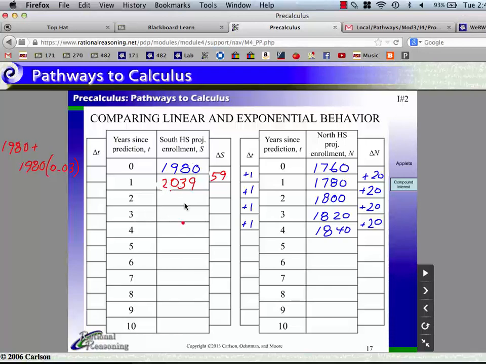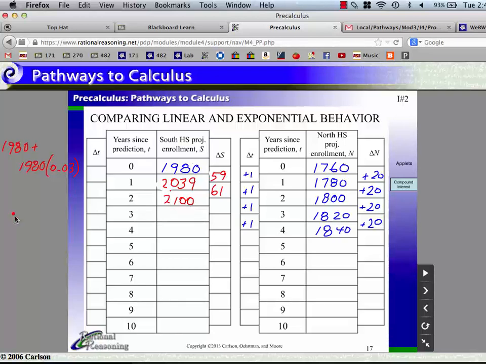Yeah. Great, thank you. Okay, so then the next year it goes up 59 again, right? I got 61. Why doesn't it go up 59? They have different numbers. 3% of a higher number is going to be a higher change, right? Does it go up 61 this time? 61 points. So it will be right at, looks like 2100.